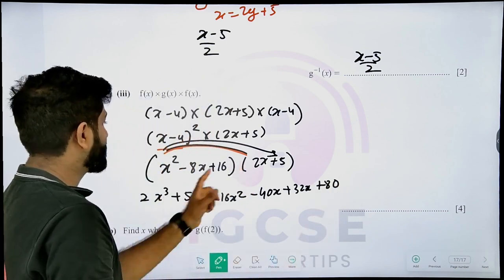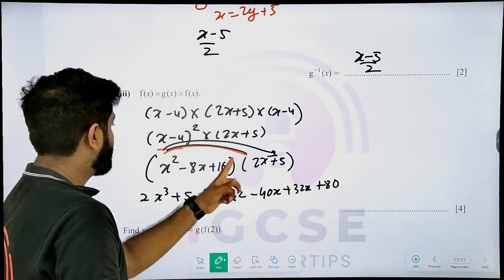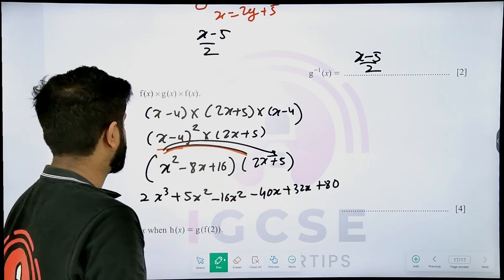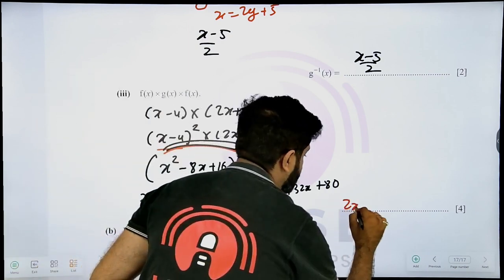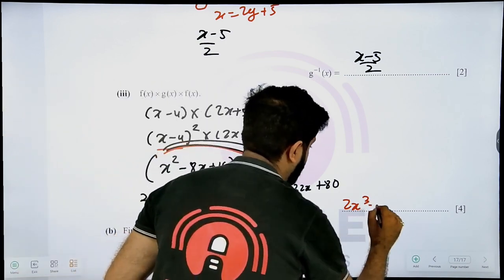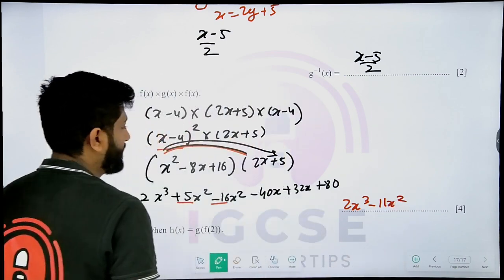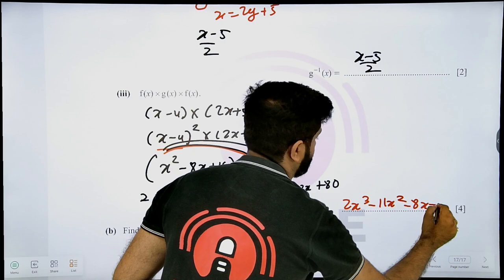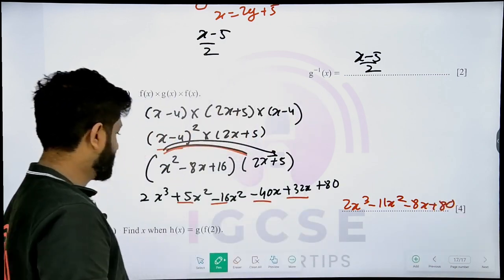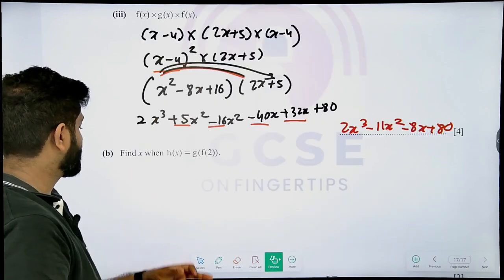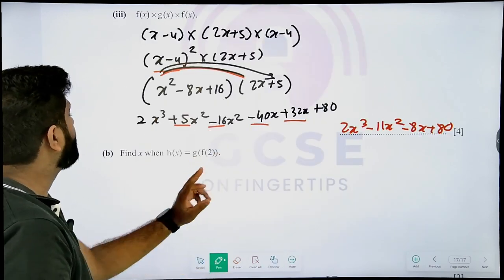Let me verify. 2x cube plus 5x square minus 16x square minus 40x plus 32x plus 80. Yes. So you have 2x cube plus 5 minus 16 is negative 11x square minus 40 plus 32 is minus 8x plus 80. Right.